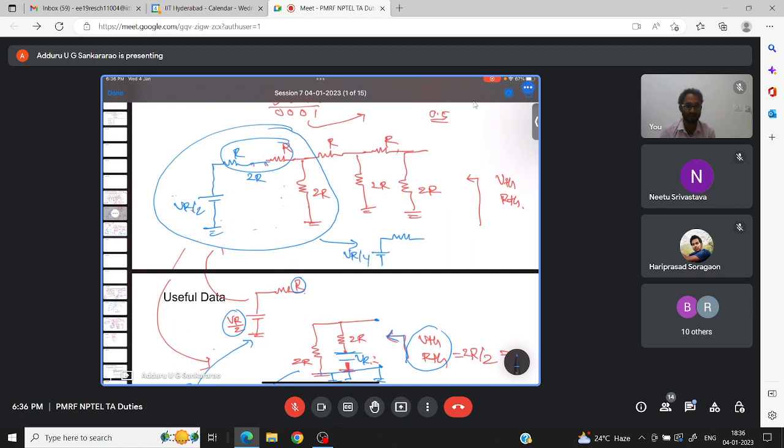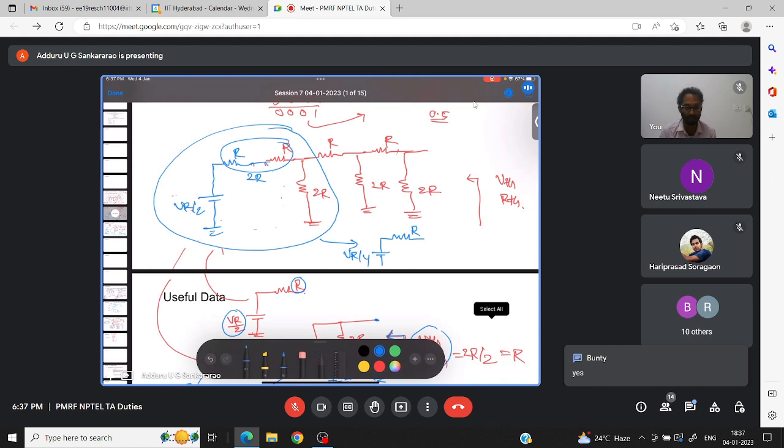After that VTH is VR by 2. Now VR by 2 is there. It will become VR by 4. So this is R. Is that okay? Fine. Now instead of this one, I can replace again VR by 4 and R.